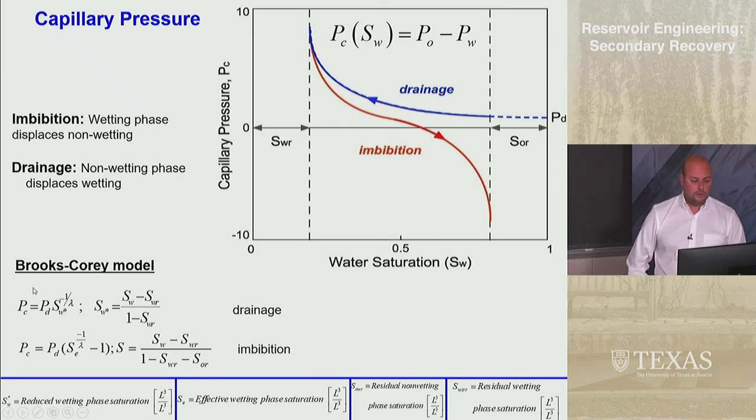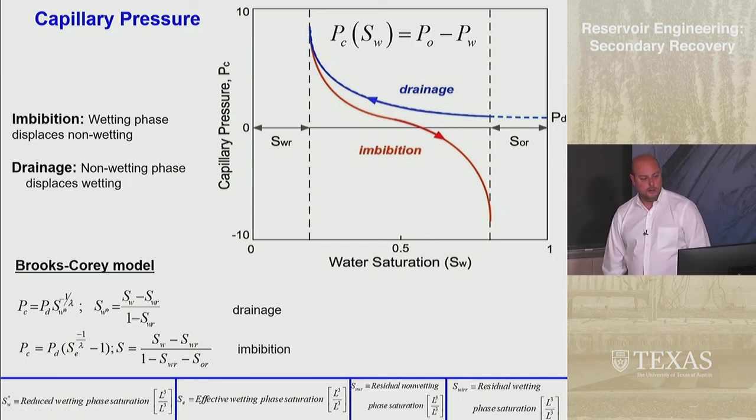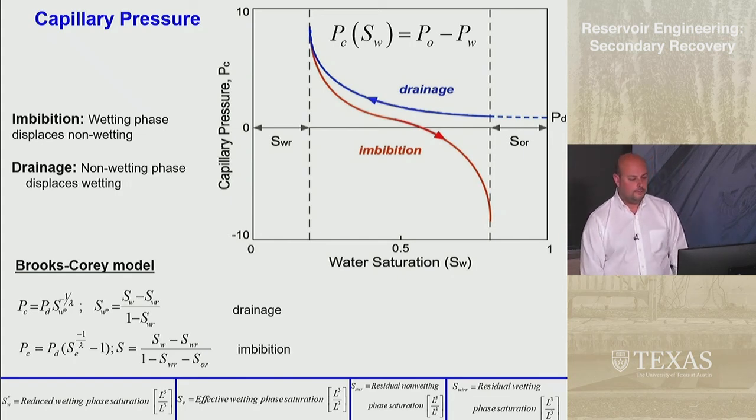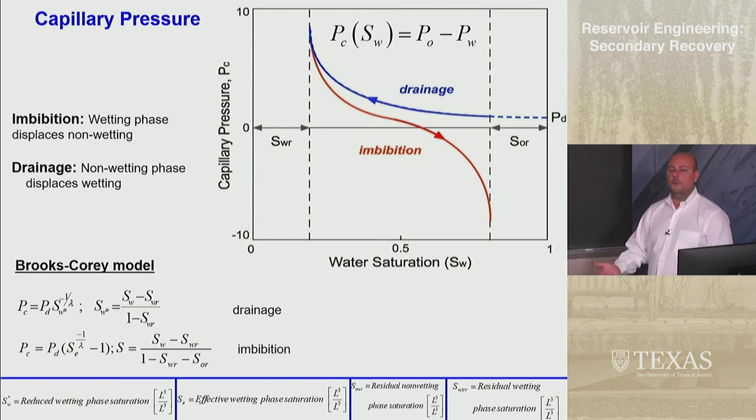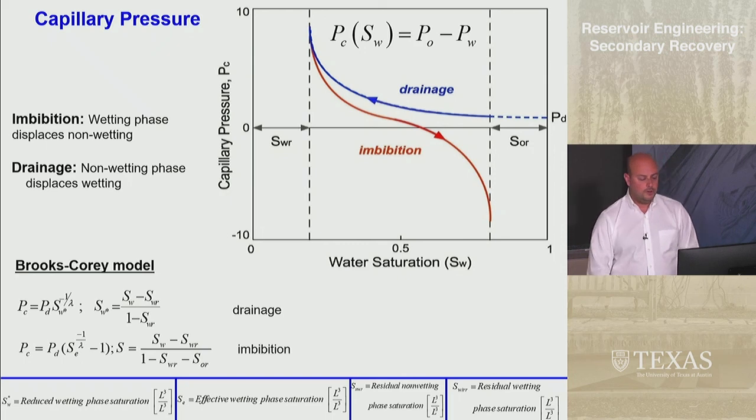That's for drainage, and then there's one for imbibition. And effectively what you do is you find the capillary entry pressure and you fit the curve and find the value of lambda that best fits that. And it's usually above 1, maybe a typical value would be 2 or so. But the point is that we have equations if we need them. You can fit to the data and use those equations.